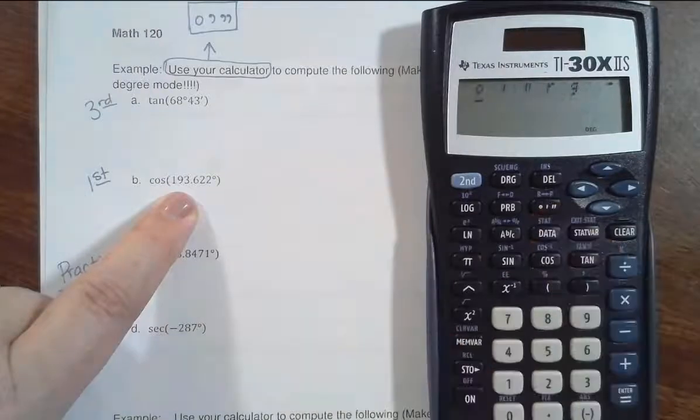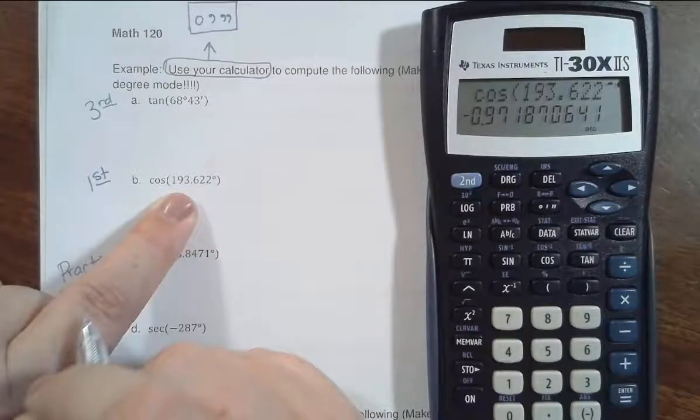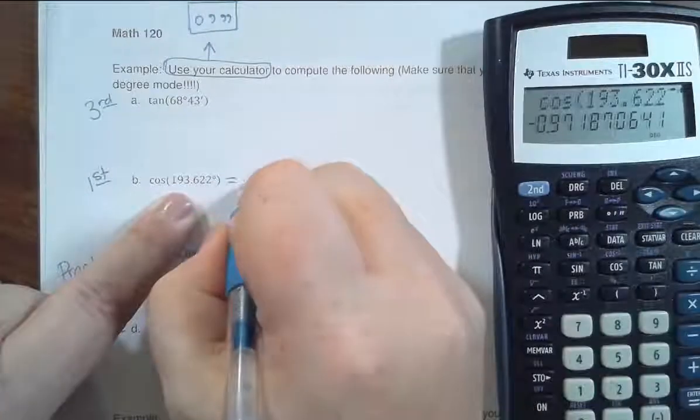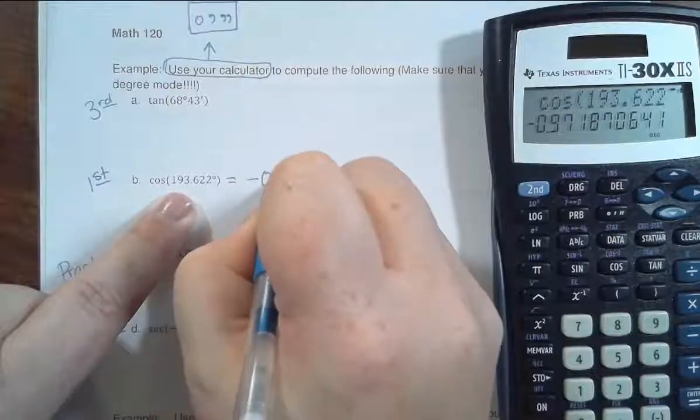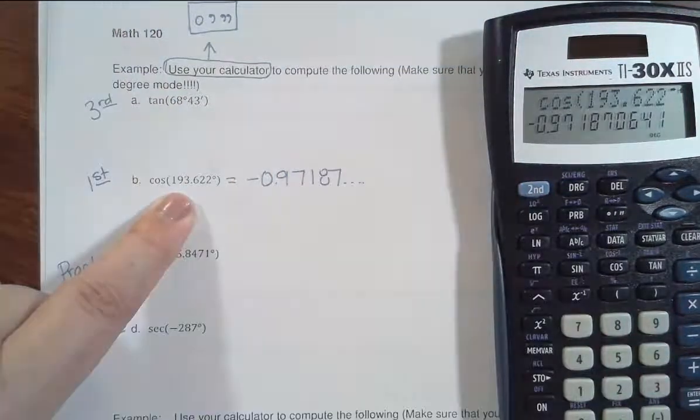And it tells us that this is approximately, I'm going to scoot this over, negative 0.97187, and it keeps going, right? Notice here, it doesn't tell us what we're going to be rounding to, but more often than not, we usually keep about 3 decimal places.